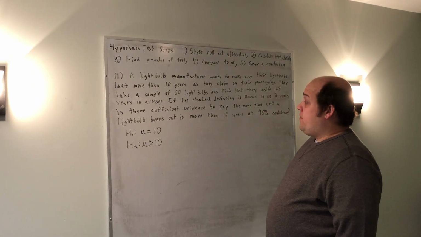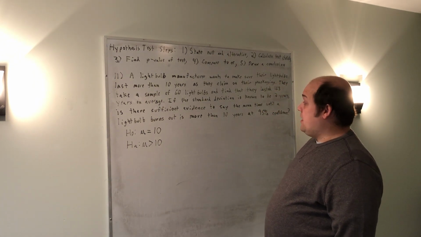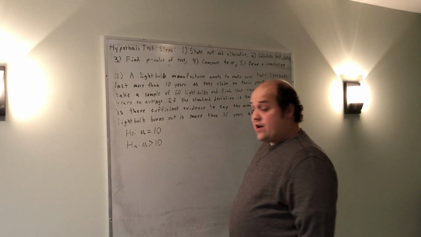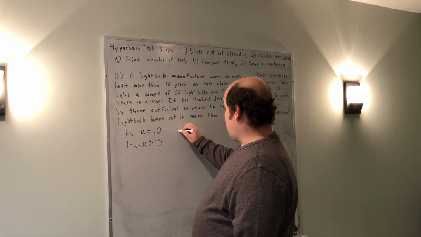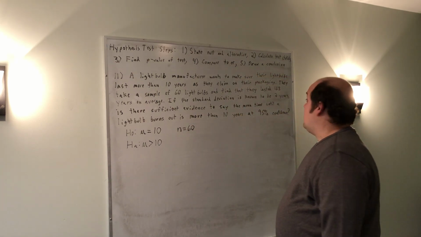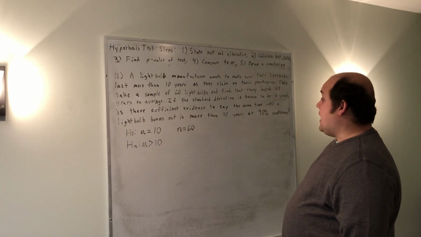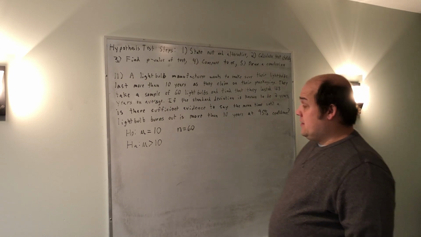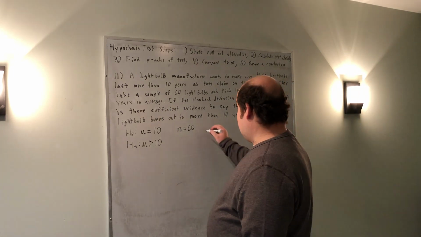They then give us the information that they take a sample of 60 light bulbs. The sample size, or how many light bulbs are involved, is going to be our n. So in this case, n equals 60. And find that they lasted 10.8 years on average. The average from a sample is x bar.